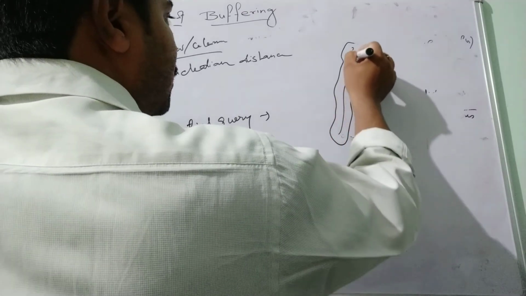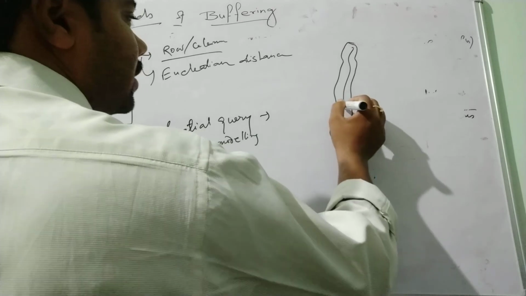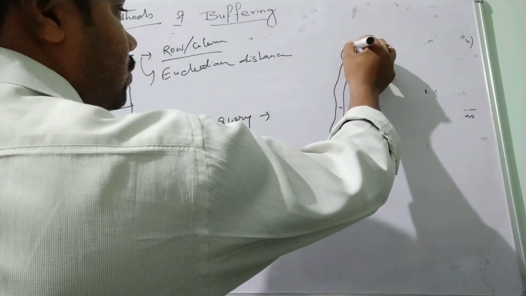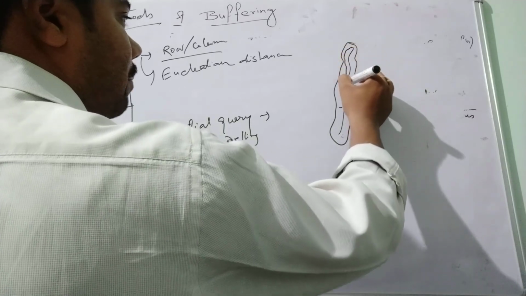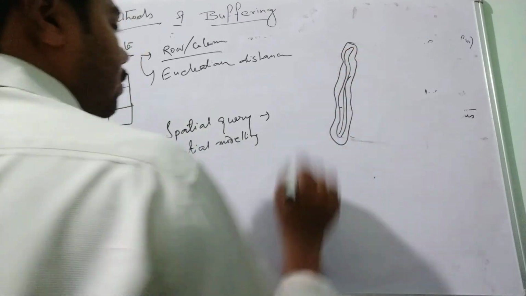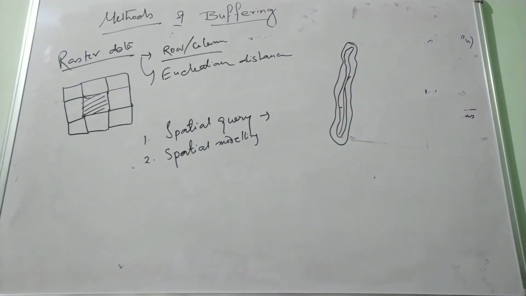So within a 10 meter distance, we can create a buffer. Suppose this is the road, so we can say how much distance around the road, say 5 meters, is risky. So we can create a buffer at a 5 meter distance. So this is one of the special queries of GIS analysis for its modeling or planning purpose.